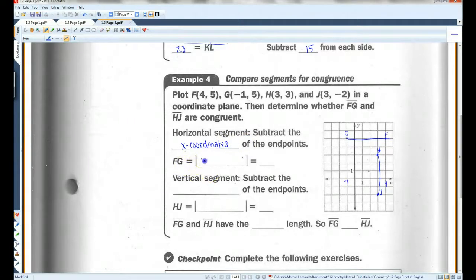In this case, 4 minus negative 1, minus negative becomes positive. 4 plus 1 is 5. The vertical segment, this is 3, and this is negative 2. I'm going to subtract the y-coordinates of the endpoints.